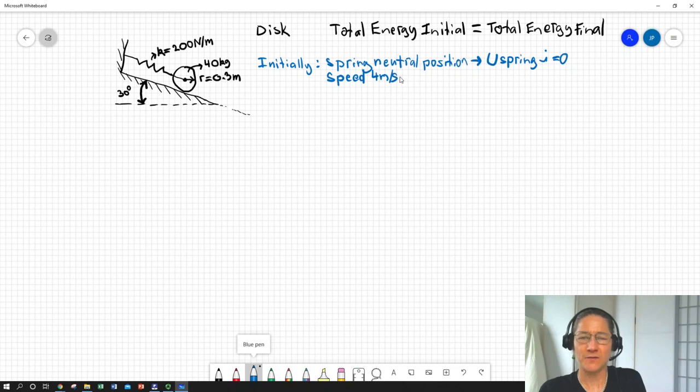And our speed of 4 meters per second, we'll use that to get our kinetic energy of the center of mass, which is just simply 1/2 times our 40 kilogram mass times the velocity of the center of mass, which we are told is 4 meters per second.